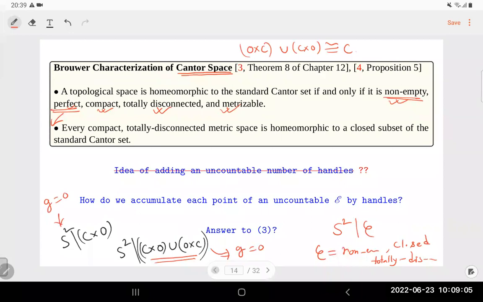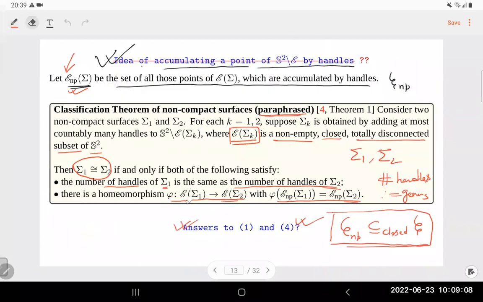Now use the classification theorem. It says the number of handles must be the same, but we don't need to check because the genus is actually 0. Second, we need to check that there is a homeomorphism sending non-planar ends to non-planar ends.